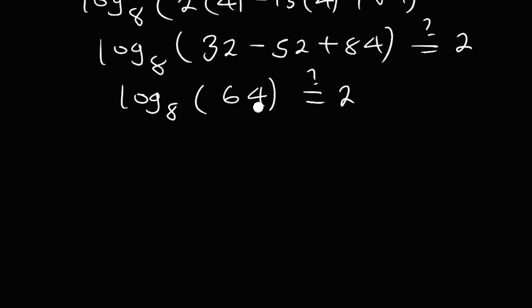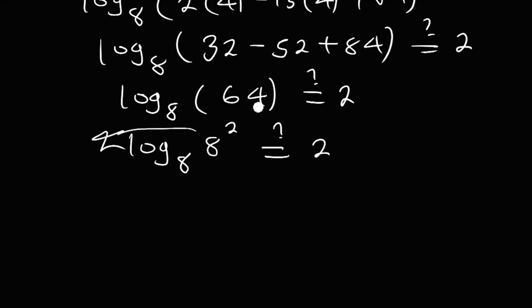So now we can write 64 to a base 8 so that we have log to base 8 of 8 power 2. And we check if that will be 2. And we can use the third law to take this 2 before the log. So you have 2 log to base 8 of 8.